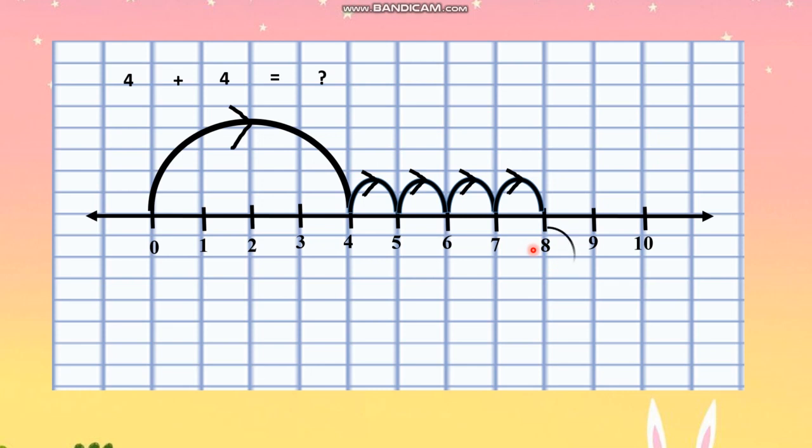On the number 8. So I will form a circle where I arrive, and then I will write the answer over here. So what is the answer now? 8. We have got the answer. You can watch the video again if you have not understood it. Okay? You will understand it. I am sure about it. I know you all are intelligent children.